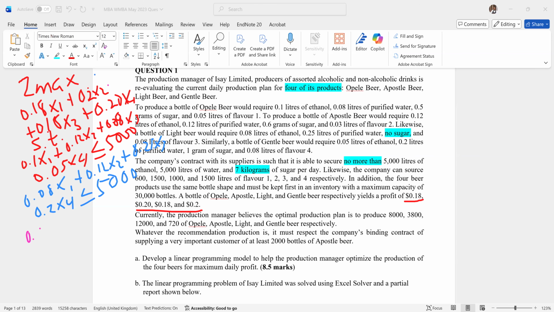Sir, that is a wrong start for the sugar constraint. Say 0.5 x1. Are you all mentioning that 0.5x? What is that?